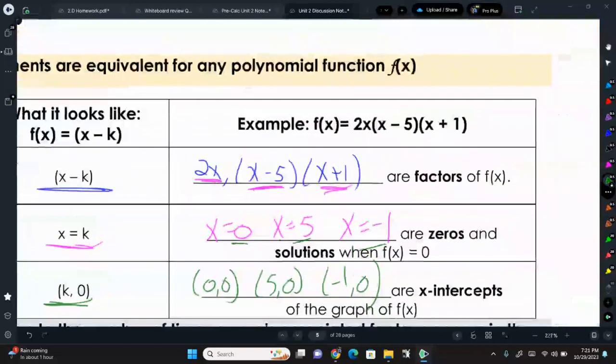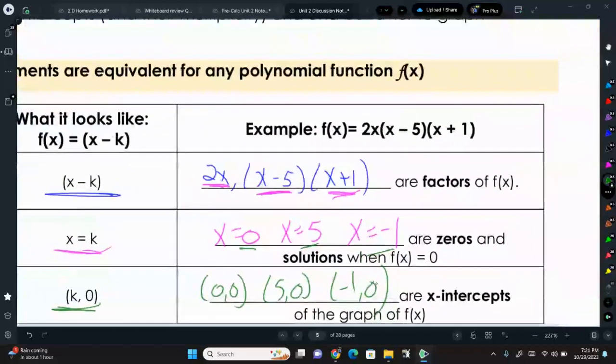Here, 2x has a multiplicity of 1 because we only have one 2x in this factored form. X minus 5 has a multiplicity of 1, and there's only one x plus 1 factor, so that has a multiplicity of 1. But since we're talking about polynomials now, some of our factors are going to have a higher multiplicity, meaning they are repeated.